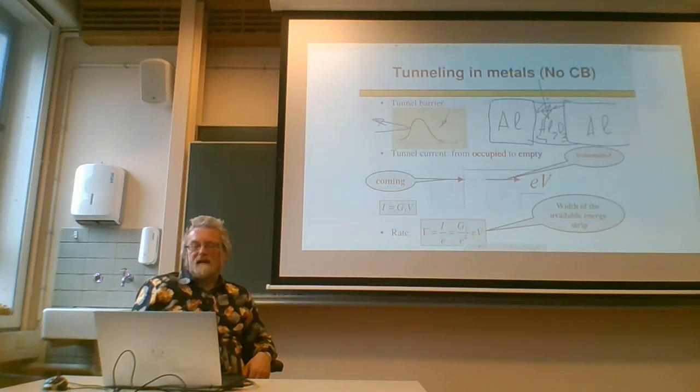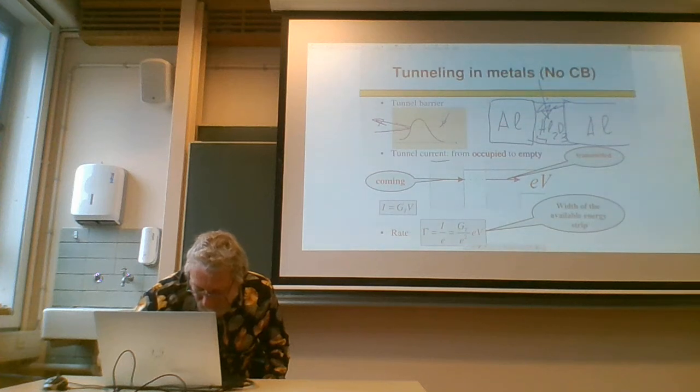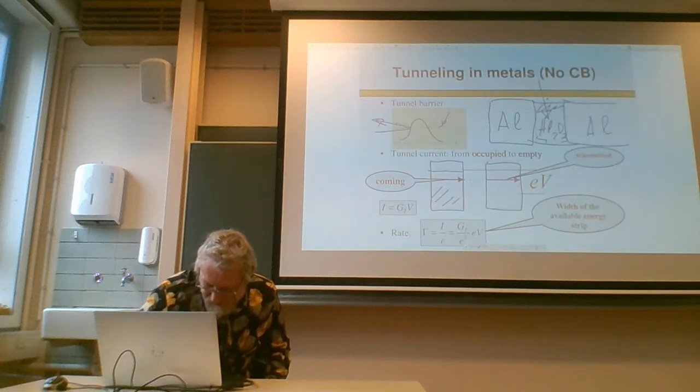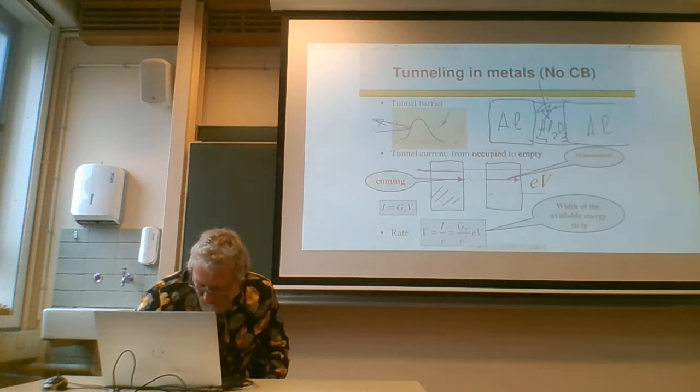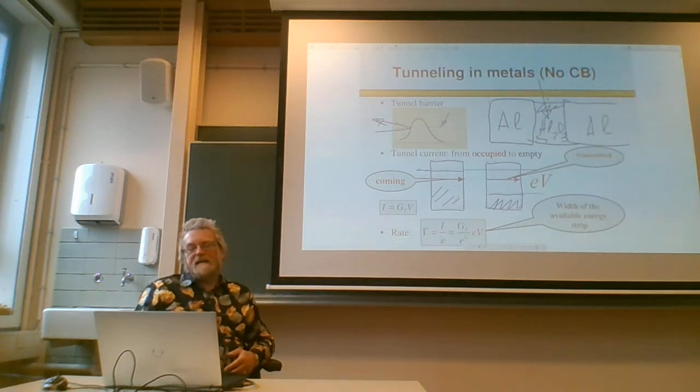Good. So let us see how to get tunnel current. Left lead, right lead. Here the states are occupied up to this level. We apply a voltage difference. On the right, the states are occupied up to a lower level. What does it mean?